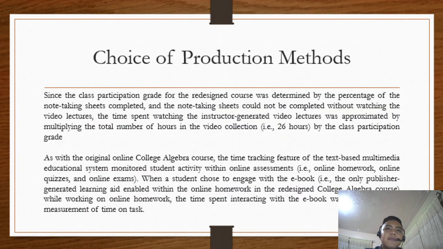Moving on, choice of production methods. Since the class participation grade for the redesigned course was determined by the percentage of the note-taking sheets completed, and the note-taking sheets could not be completed without watching the video lectures, the time spent watching the instructor-generated video lectures was approximated by multiplying the total number of hours in the video collection, for example, 26 hours, by the class participation grade.